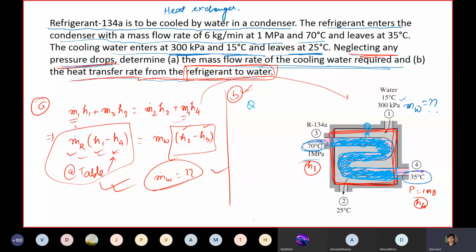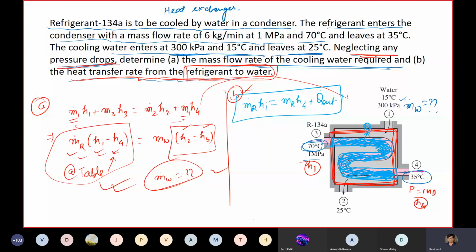Now this heat transfer Q dot out can be written this way: m dot refrigerant h1 is equal to m dot r h4 plus Q dot out. So this is what you need to estimate. That's it, very straightforward.